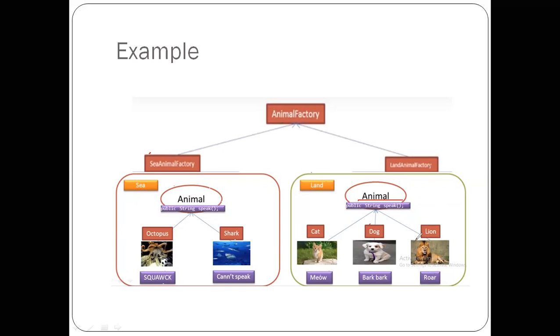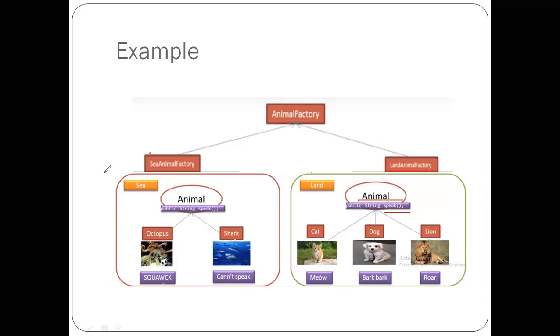We are using the speak method only, but these animals are called land animals. These are all defined under a land animal factory, where three animals stay on normal land.